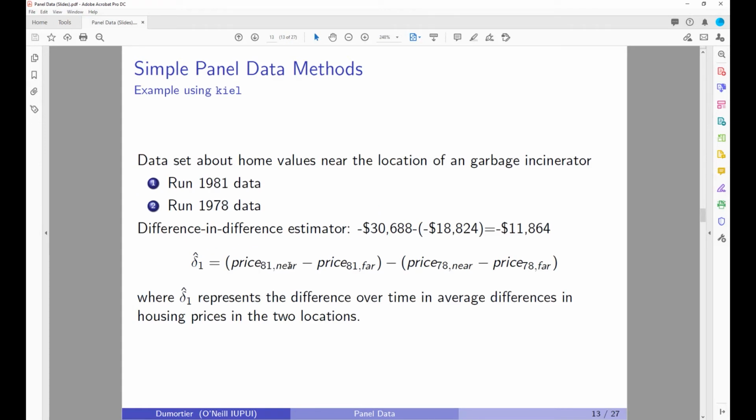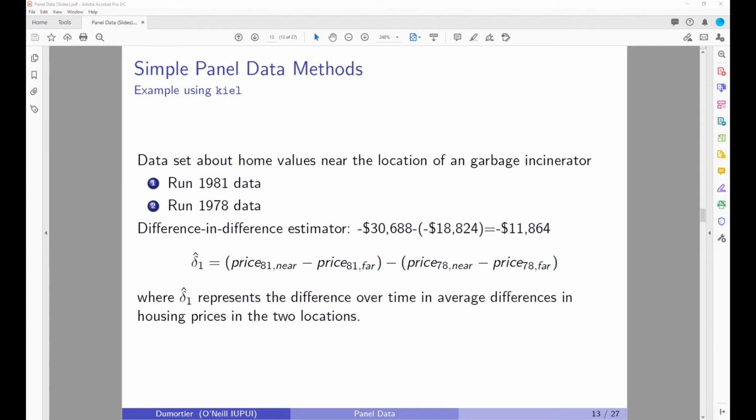So one of my favorite examples in this class is again using very old data about home values near the location of a garbage incinerator. Here the story goes as follows. We have data about the home values in a particular town in 1978 and in 1981.